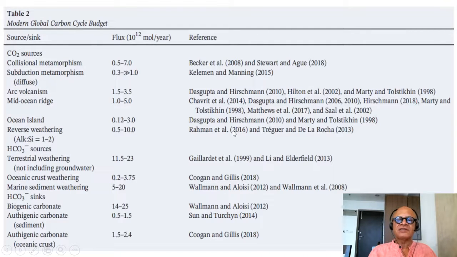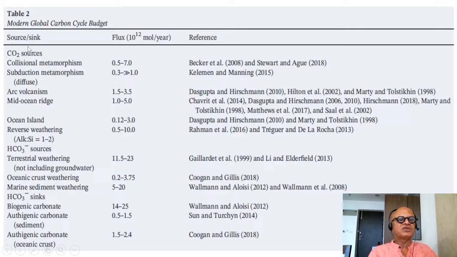Various estimates exist from papers over the years. These are fluxes in 10 to the 12 mole per year, or teramole per year. So we are looking at sources and sinks here, and this is modern global carbon cycle budget. So these are not estimates of paleo fluxes.